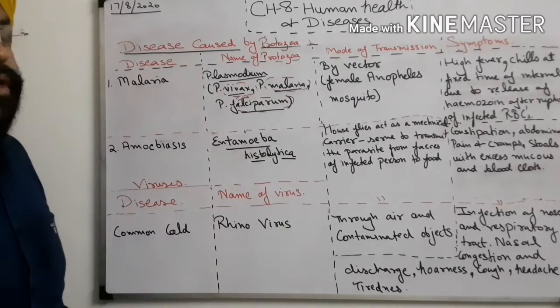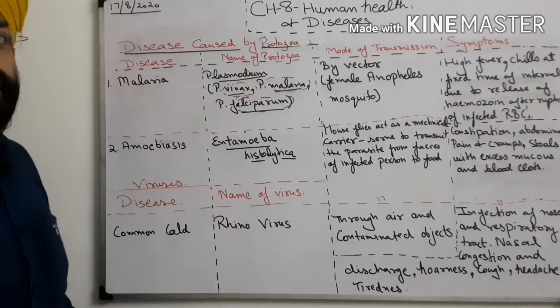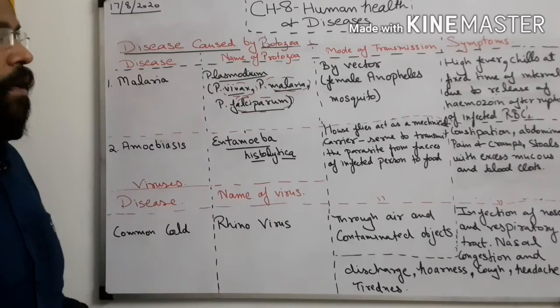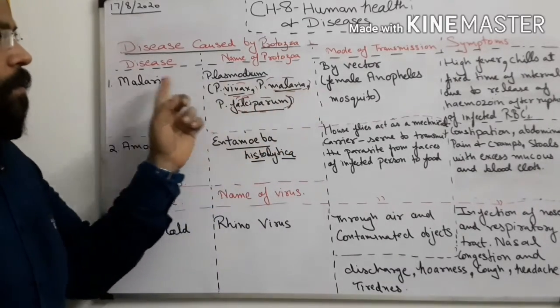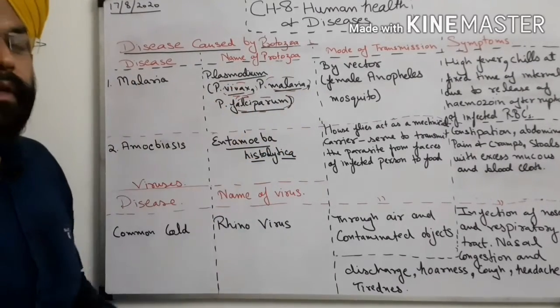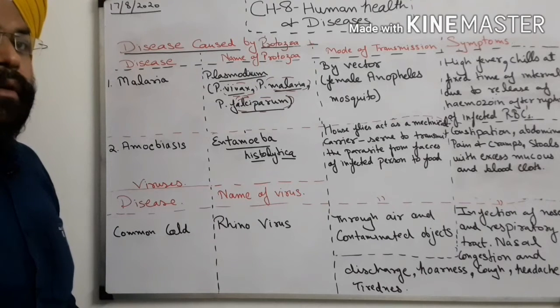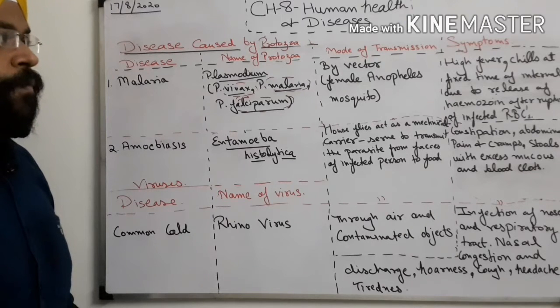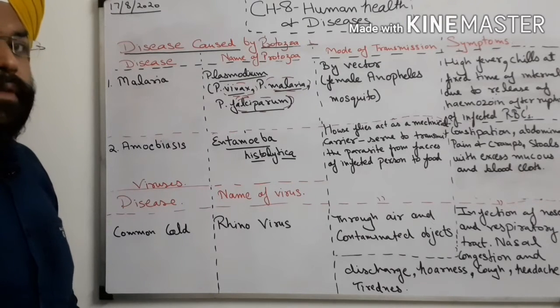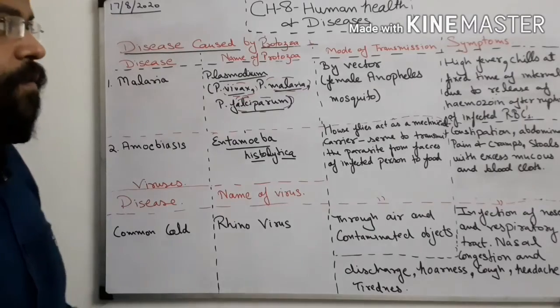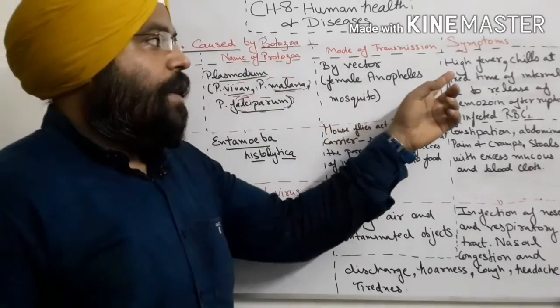The mode of transmission is by the female mosquito, Anopheles. That's the main vector for the transfer of malaria, and we will discuss the mechanism of transmission of malaria in a good diagram soon. Then what are the various symptoms? High fevers.